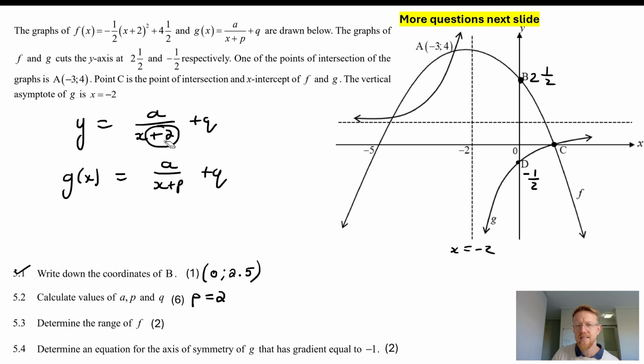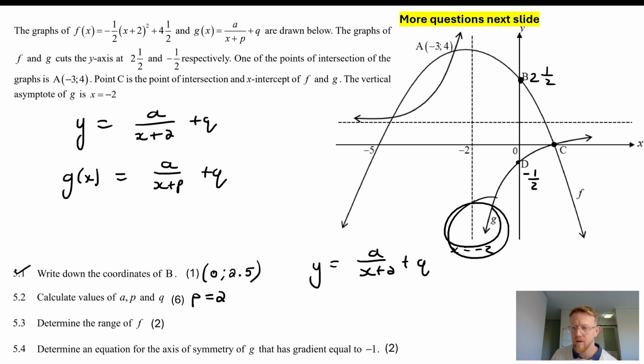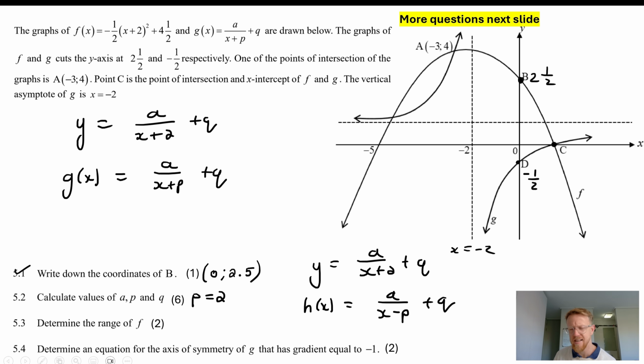But have you noticed that in some exams, they don't use x plus p over here, they use x minus p? What would you have done then? Well, then all that you would have done is this part still stays the same because it's from the graph. But then if they gave you some equation h and they had it as a over x minus p, they can do that. Different textbooks, different tests, different exams.